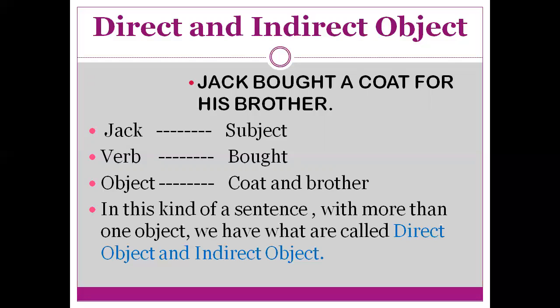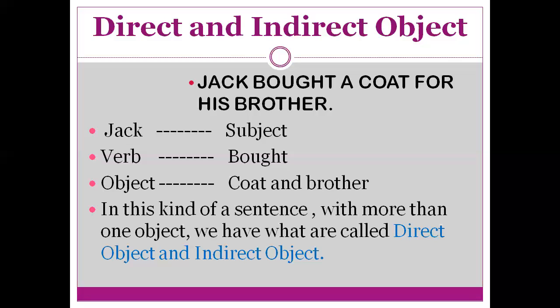When a sentence has two objects, we can call one a direct object and the other an indirect object. Now, how do we find out which one is a direct object and which one is an indirect object?